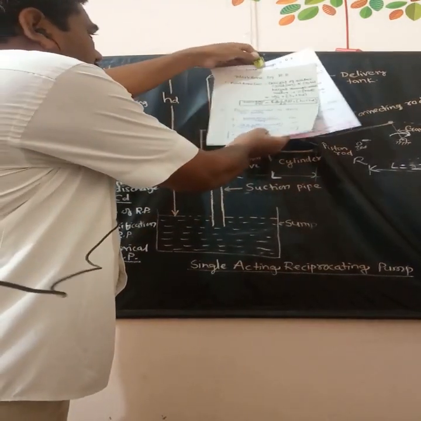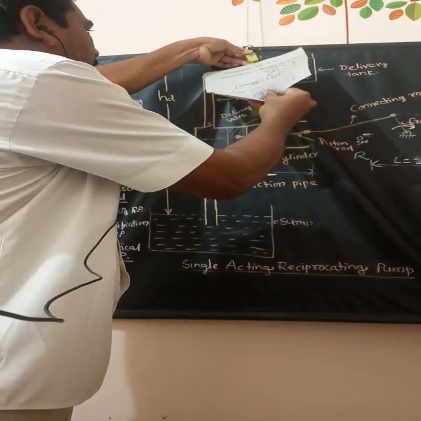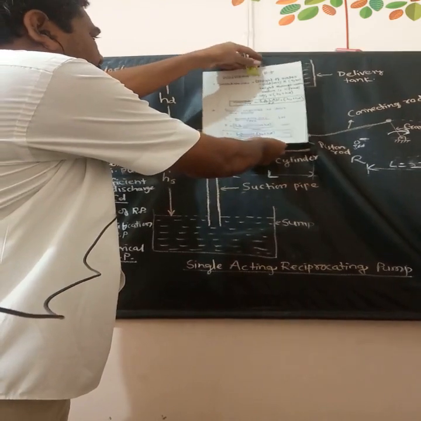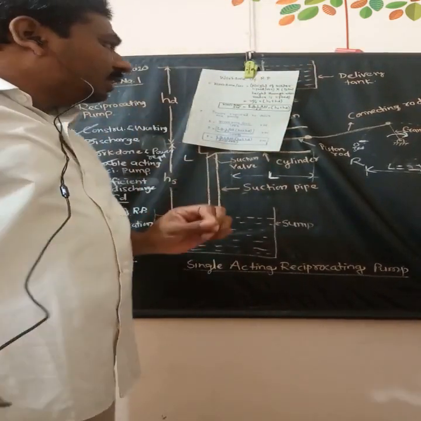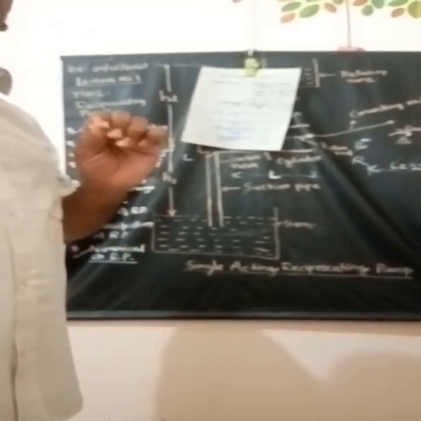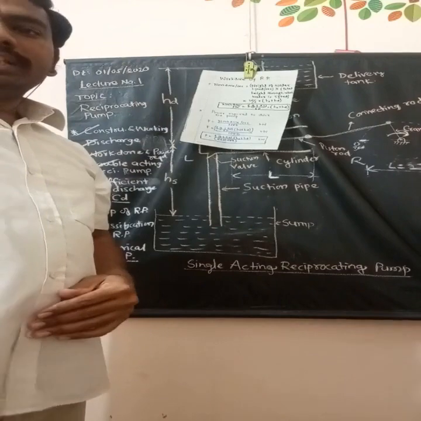So what is the work done by the reciprocating pump? The work done by the reciprocating pump can be represented by simply the weight of water lifted per second multiplied by the height, that is the head, through which the water needs to be displaced.